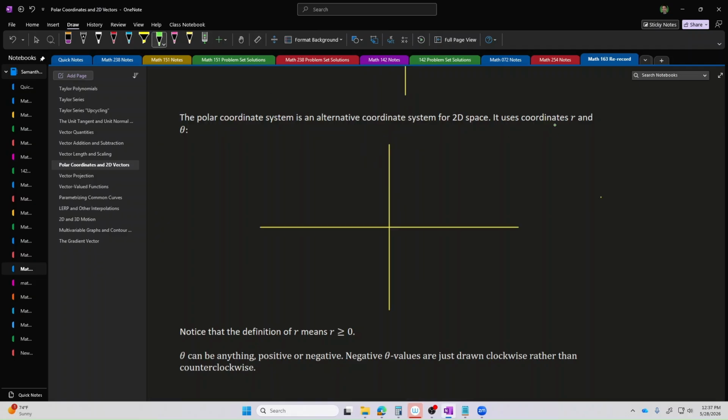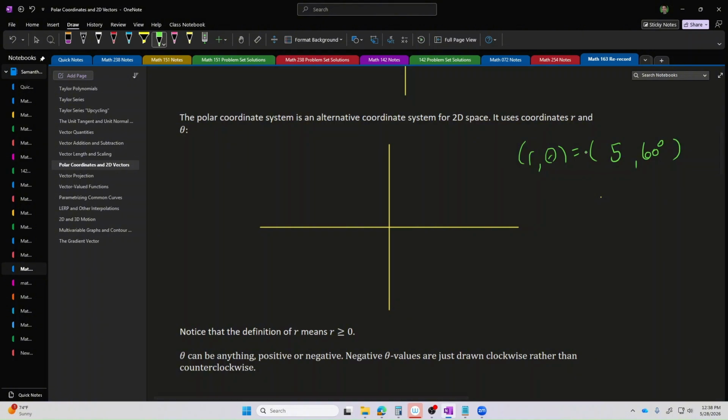Suppose, for example, that someone gave me a value of theta equals 60 degrees and r equals 5 units. To locate the corresponding point, I would start by drawing the angle theta in the standard way that we draw angles in mathematics.